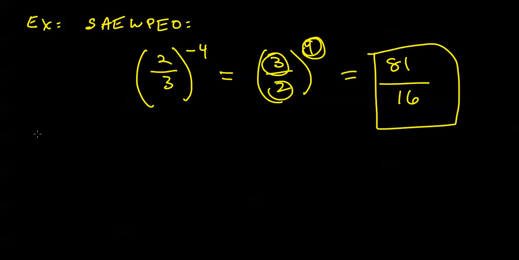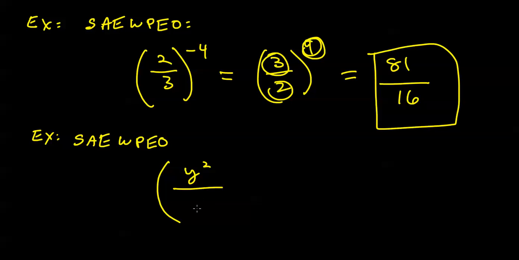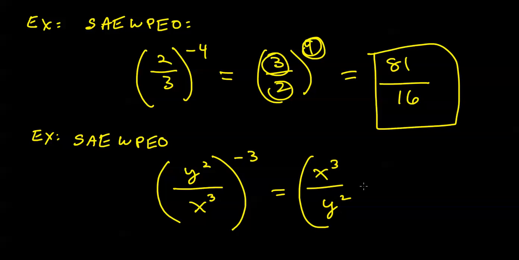Let's try another one. Simplify and express with positive exponents only. Well, let's work with some variables here. If I've got y squared over x cubed to the minus 3 power, alright, the above rule says if you've got a quotient raised to a negative power, I can invert that quotient and change the outer negative power to positive.